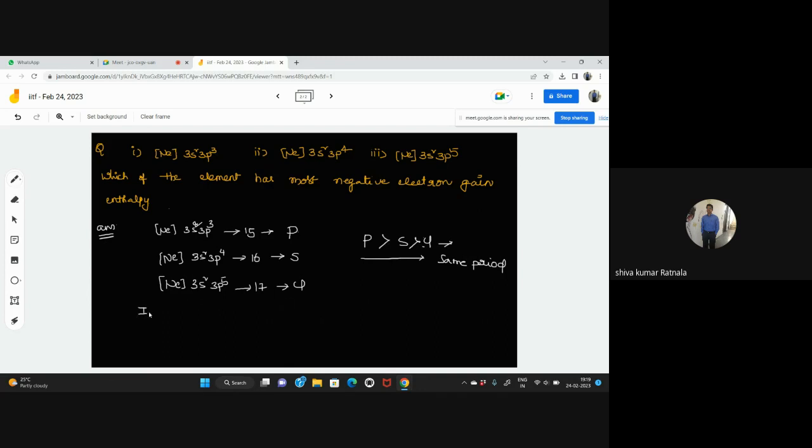So we know that in periods, from left to right, more negative energy is released. So neon core 3s2 3p5 has the highest negative value.